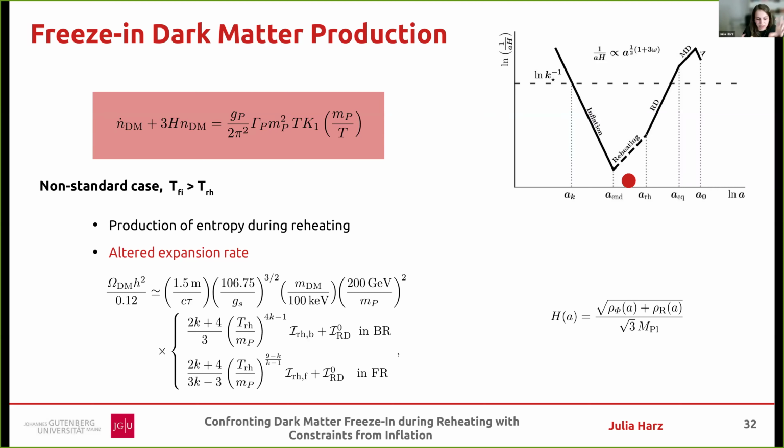If I then put everything together and try to create, in quotation marks, a master formula and compare with what I actually want to compare with, the relic abundance, I get this equation. The first part looks more or less like the normal freeze-in. So we have the parent particle mass, we have the dark matter mass, we have the coupling of the parent particle to dark matter and the standard model particle.